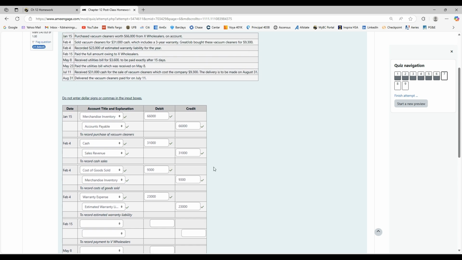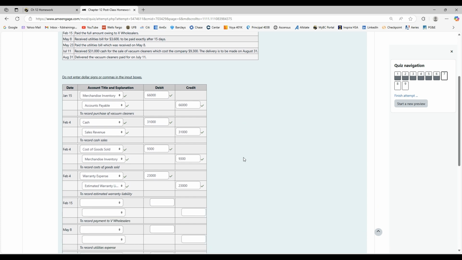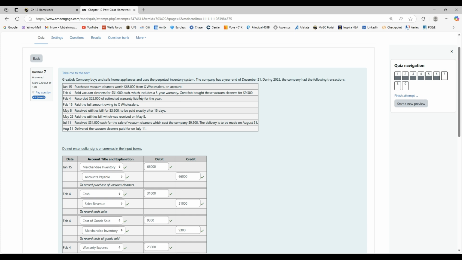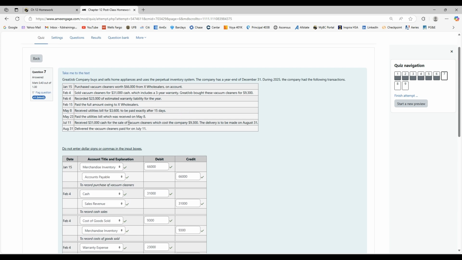Okay. And then what did we do? We paid the amount to the X wholesalers. So now what do we owe them? 66,000. So AP will go down by 66,000. Okay. Is that B wholes? Oh, X wholesalers. Oh, wait. Who's V wholesalers?